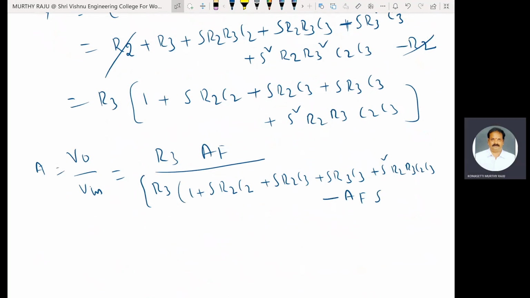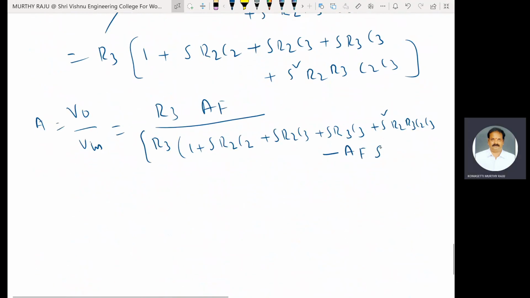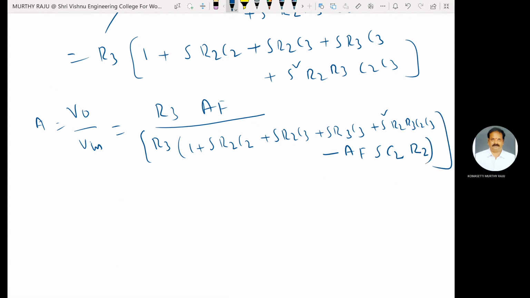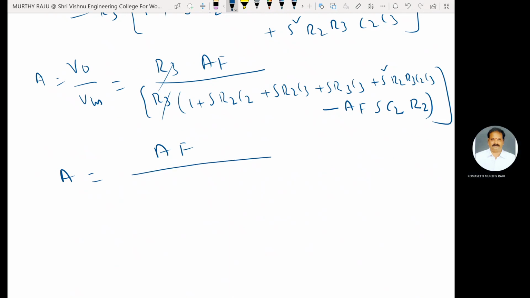R3 is common. Therefore R2 is cancelled.